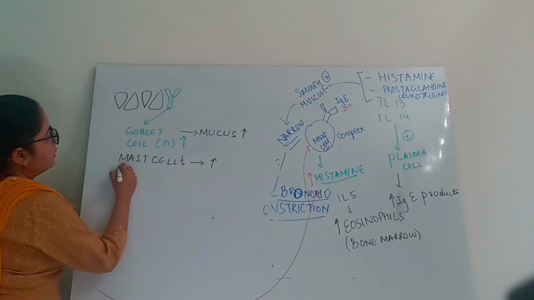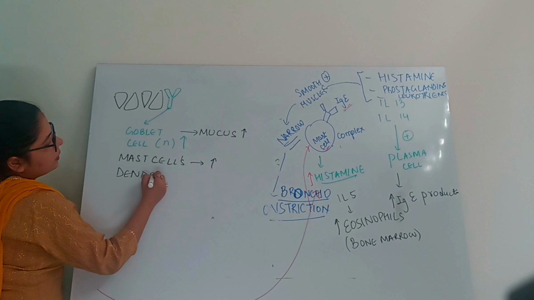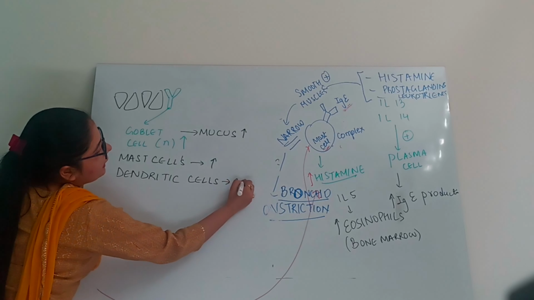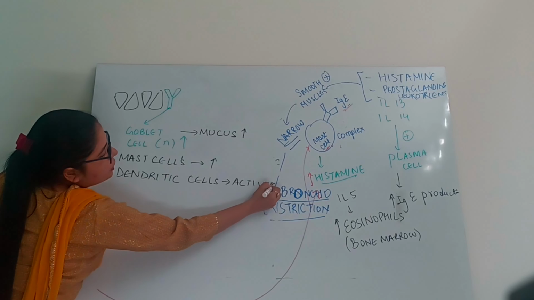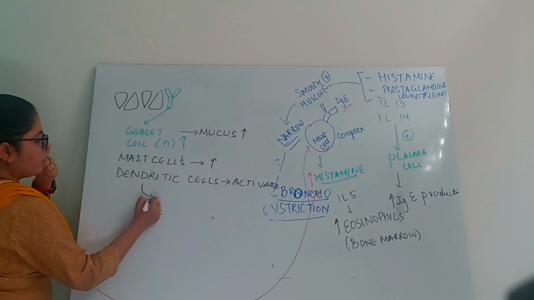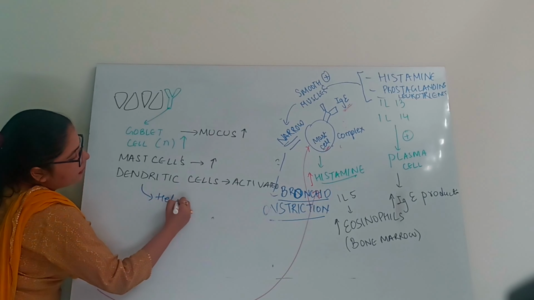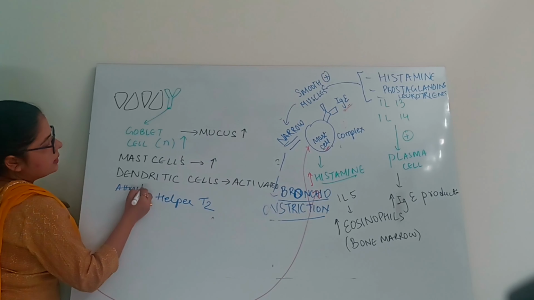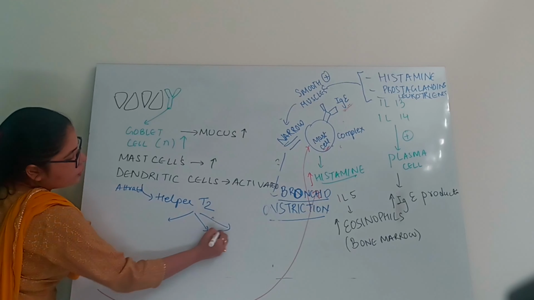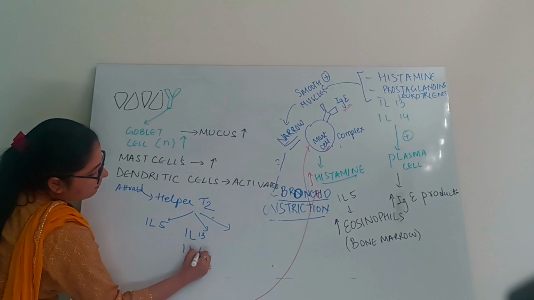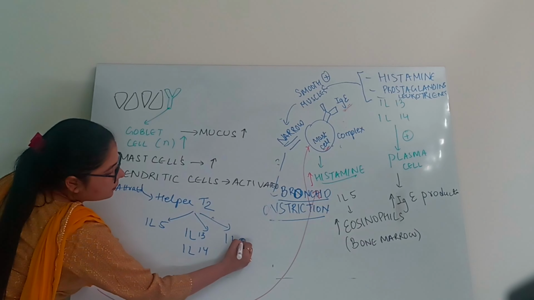Then we say that the dendritic cells are activated due to the allergen, and they were responsible for attracting helper T2 cells. It attracts helper T2 cells, which triggers the release of interleukin, right?